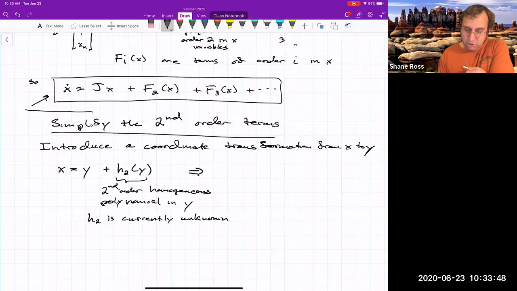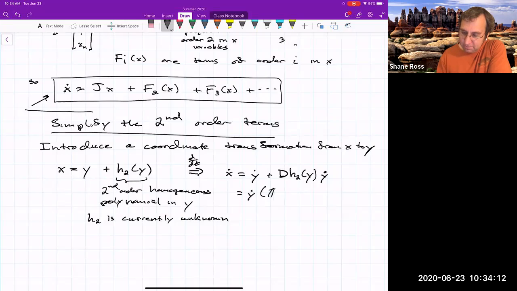So now we'll use the chain rule and just take the time derivative of x. So take d by dt, x dot, and then take the time derivative of the right-hand side. We get y dot plus the Jacobian of h2 times y dot. Pull out an overall y dot, and what do we get?